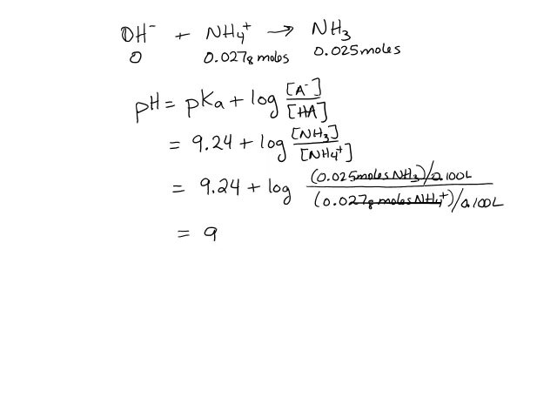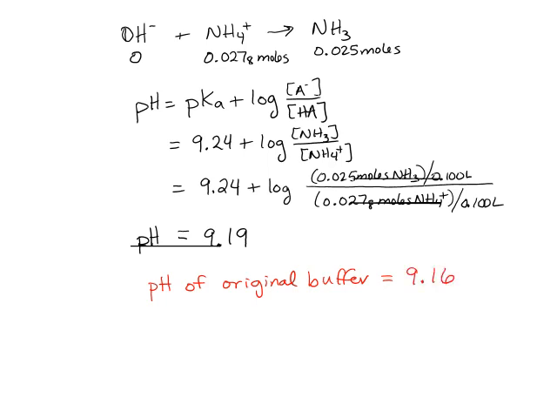Plugging all of this in to our calculator, we get a value of pH equal to 9.19. Let's compare this to our original pH of 9.16.